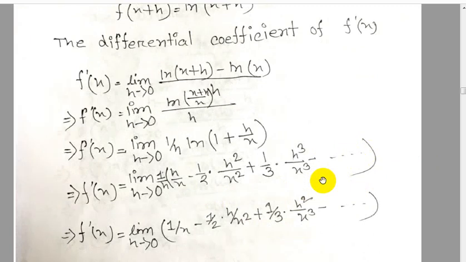So here what we have got is 1 by h into h by x minus 1 by 2 into h square divided by x square plus 1 by 3 into h cube divided by x cube.